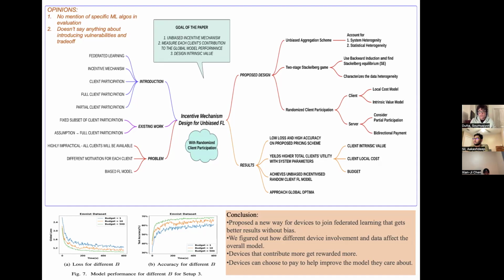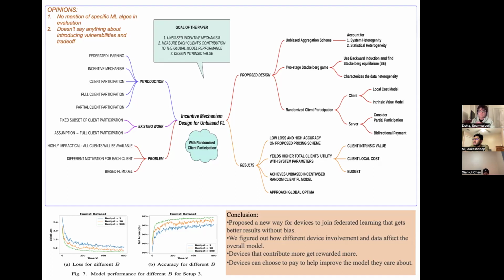Finally, we conclude with the results. The results clearly show that it outperforms the existing approach. We have low loss and high accuracy with the proposed pricing scheme, and it yields higher total clients' utility with the system parameters proposed. These are clients' intrinsic value, client local cost, and the budget.